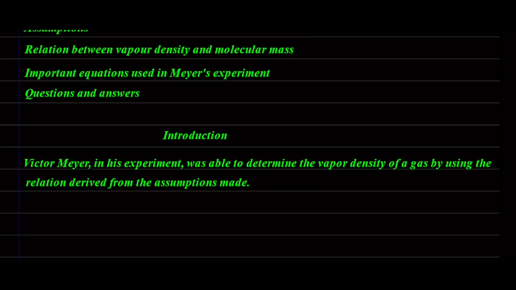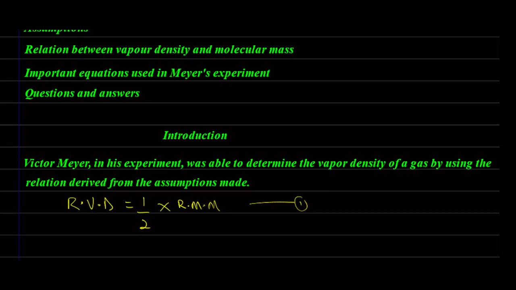The formula, which represents the relation, is given by relative vapor density equals 1/2 times relative molecular mass. This relation is derived from the assumptions that we are going to consider in this video.